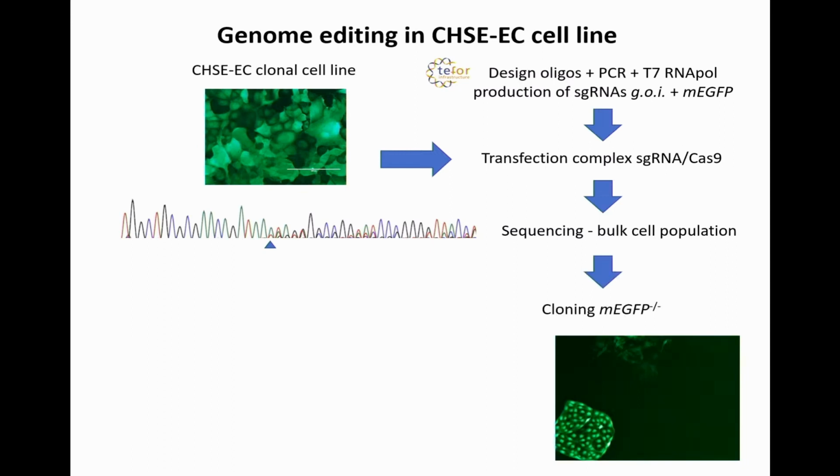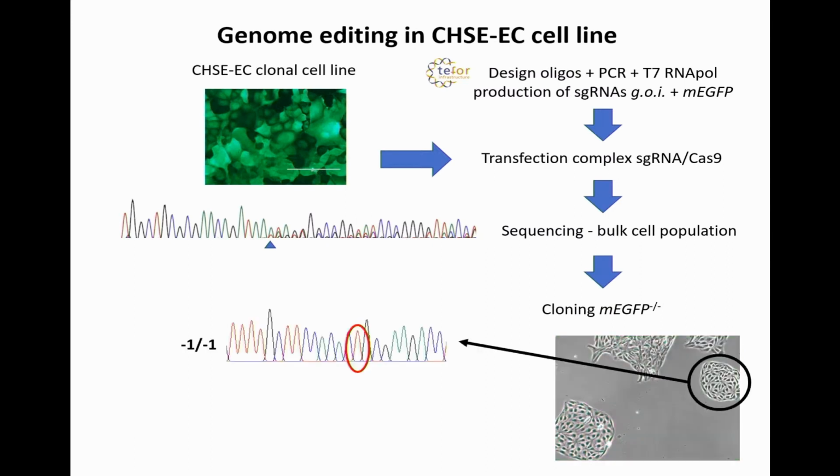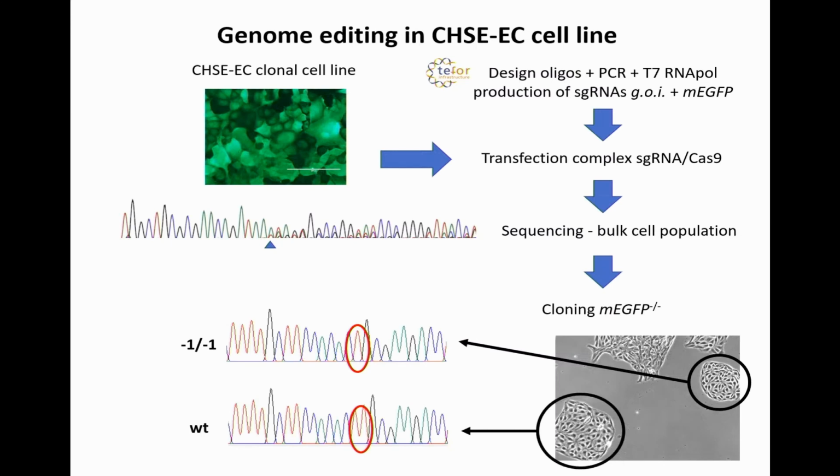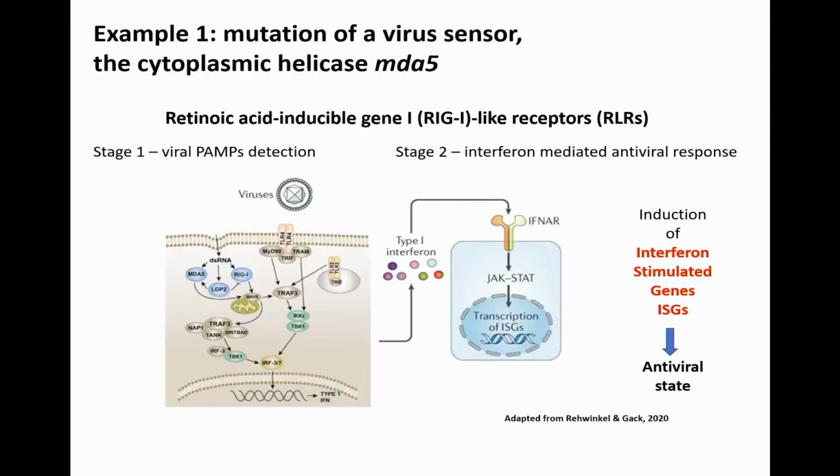And then for the cloning, we get, after limit dilution, some clones that are GFP positive and some clones that are not GFP positive, like this one. And those clones are expected to have been mutated by the guide for GFP, and most probably also mutated for the other guide that should have been transfected at the same time. And it works rather well, so we have a good screening system to relatively quickly isolate the relevant clones that we can then validate after cloning for the presence of the mutation on the two haplotypes.